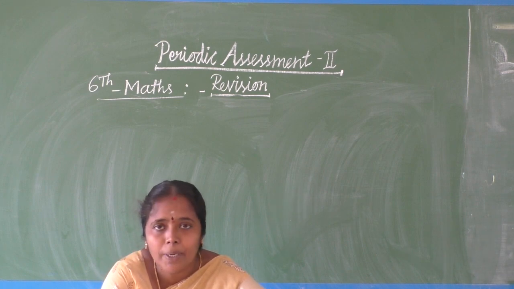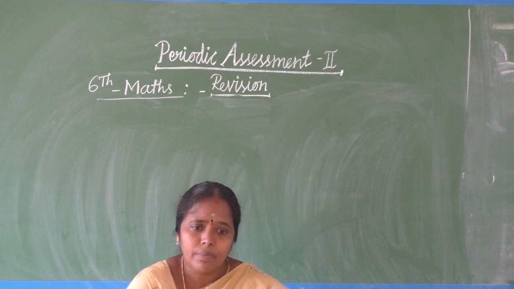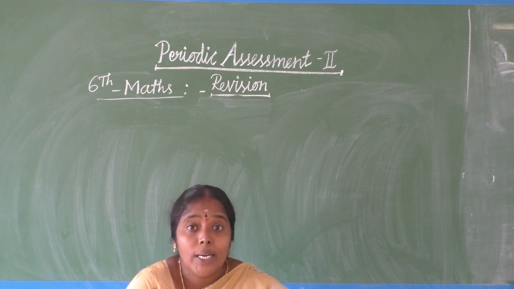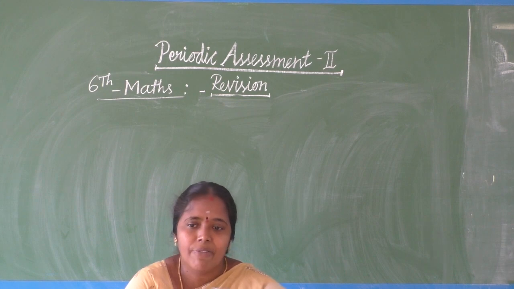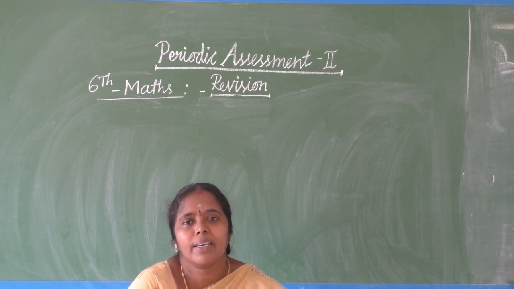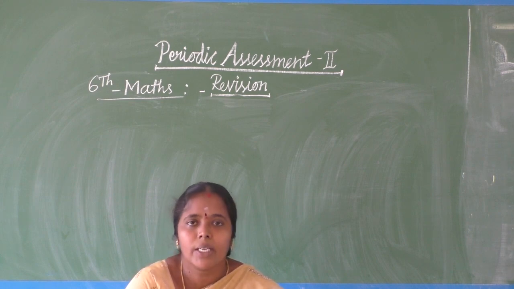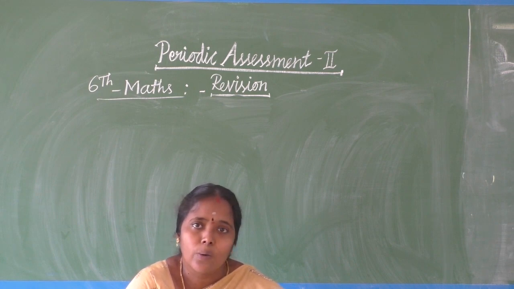Some properties of factors are given. What have we discussed regarding factors? 1 is a factor of every number, because in all numbers, 1 will come: 1 into 6, 1 into 7, 1 into 10, 1 into 100, 1 into lakh, like that.